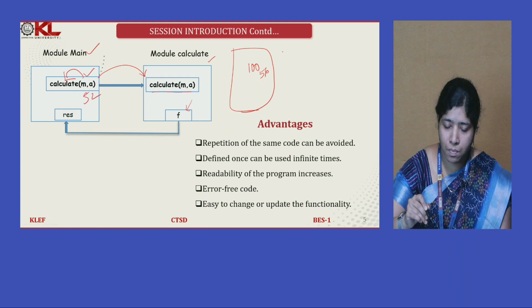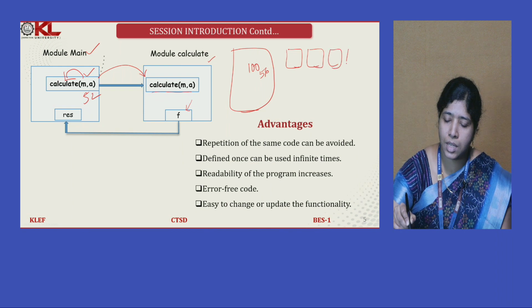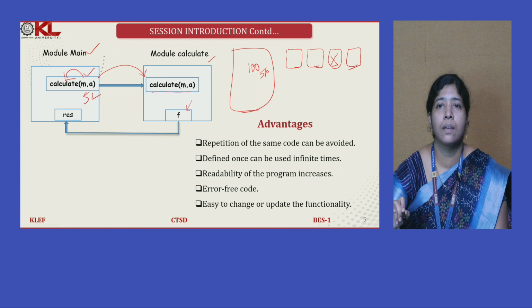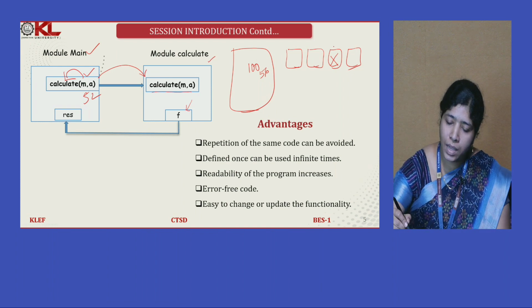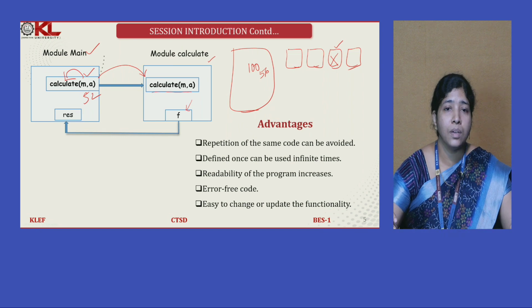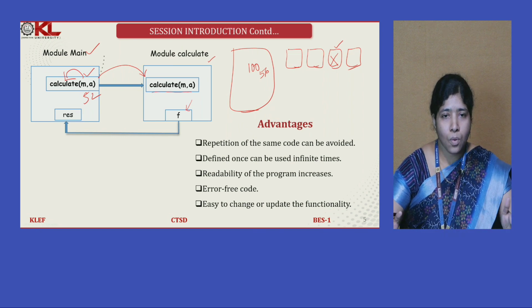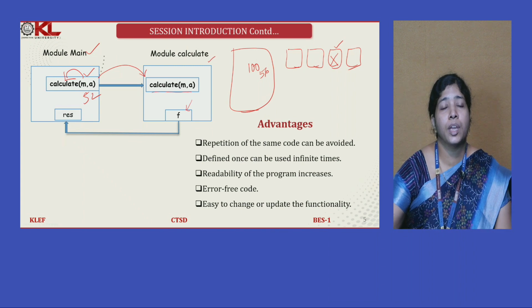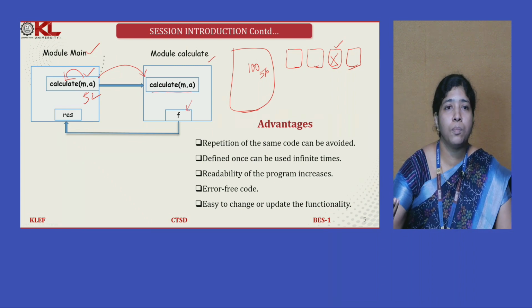Now if this program of 100 lines is divided into 10 units, some 10 statements, suppose this part of code has an error. Then only if I rectify this one, it is very easy for me to reduce the code cost, and it is error free. We can easily change and update, and performance will also be better.